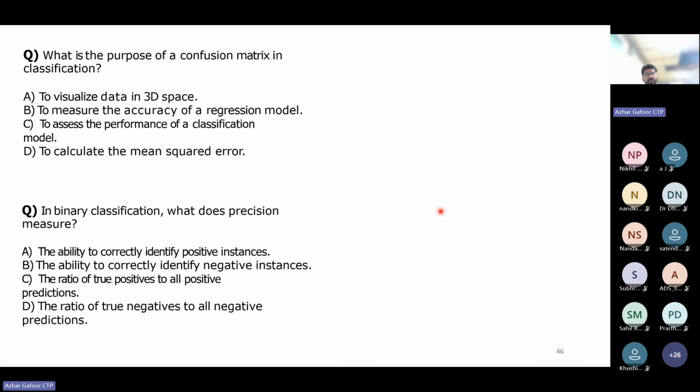In binary classification, what does precision measure? Precision measures identifying positive instances.